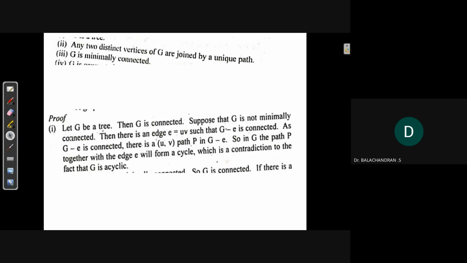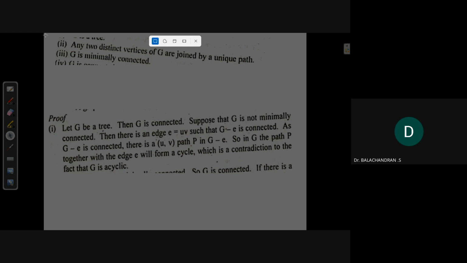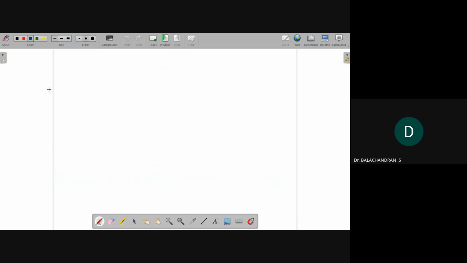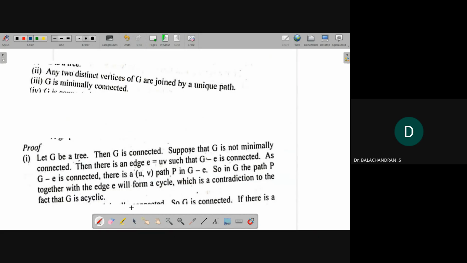So assume two here. What is two? Any two distinct vertices of G are joined by a unique path.